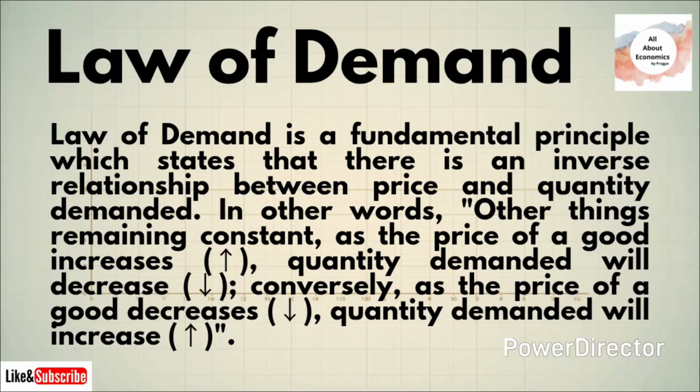Demand is impacted by the change in price. So this is what law of demand states: price and quantity demanded have an inverse relationship, and with all other factors constant, when the price increases, the quantity demanded decreases, and when the price decreases, the quantity demanded increases.